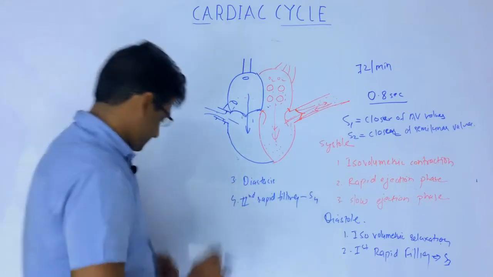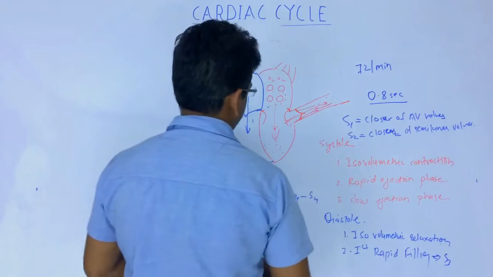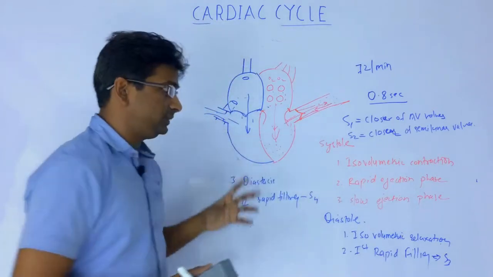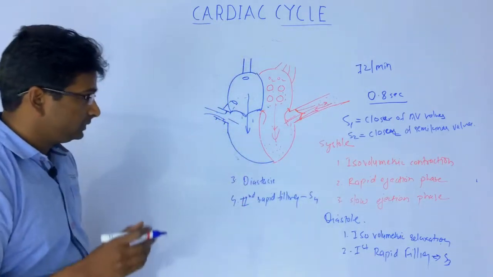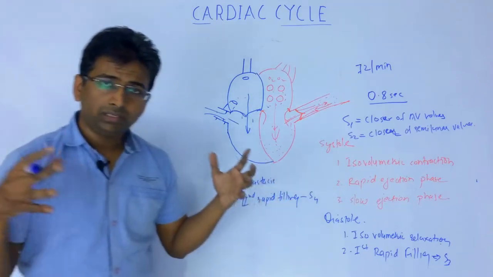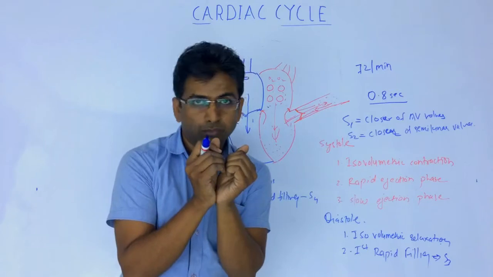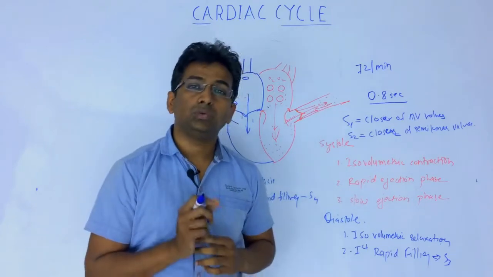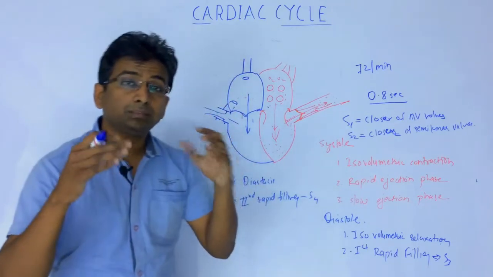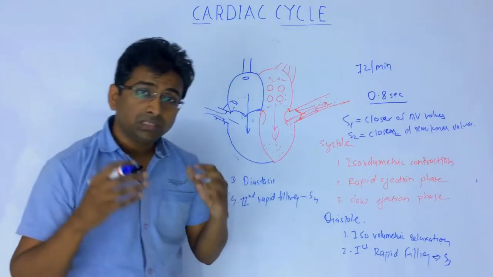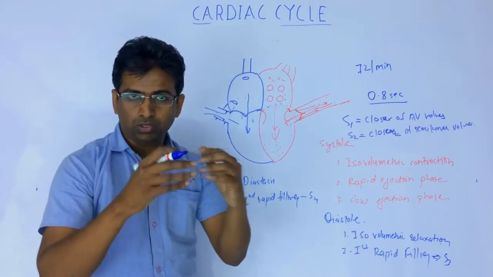Okay, fine. Now here you need to understand one concept. Imagine that as the ventricle started contracting, the AV valve closed, just at the beginning of isovolumetric contraction.